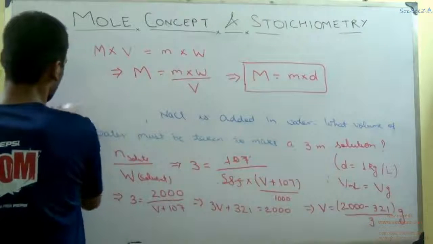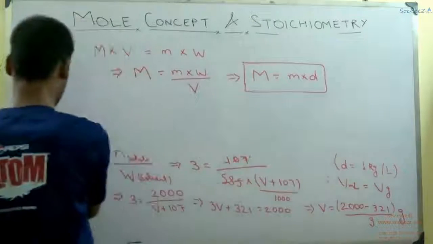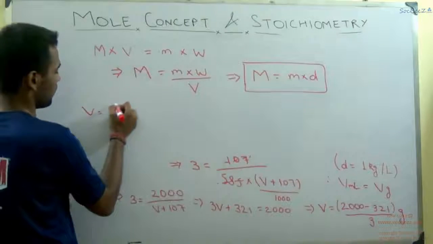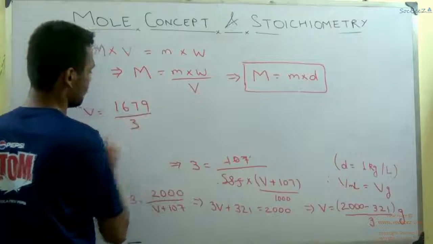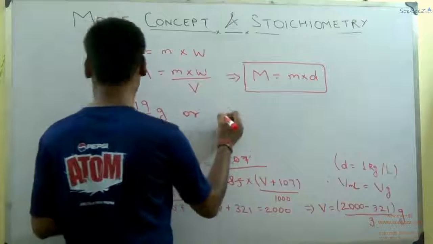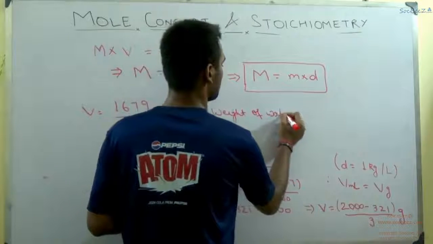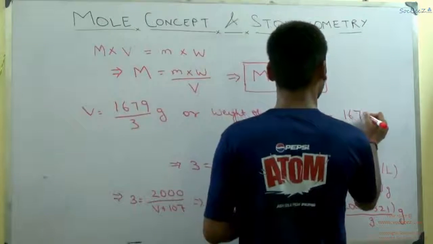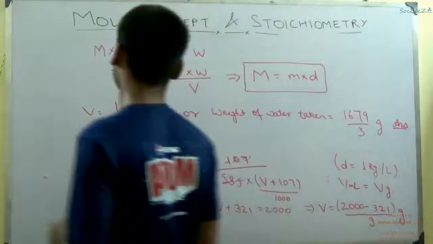So the correct answer for water is V equals 1679 divided by 3 gram of water, or weight of water taken equals 1679 divided by 3. This is the answer. Okay.